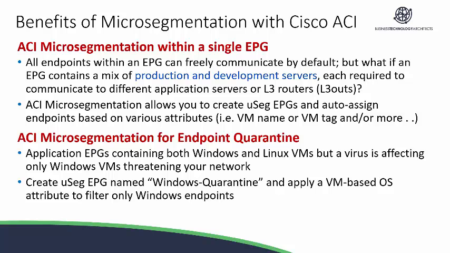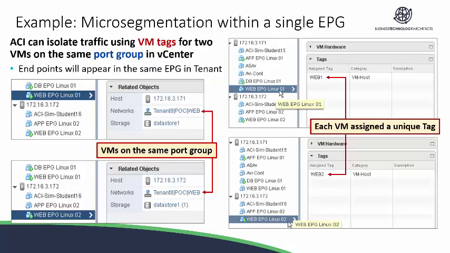But what if an EPG contains a mix of production and development servers, each required to communicate with different app servers or different layer 3 outs? Microsegmentation allows you to create microsegment EPGs and auto-assign endpoints based on various attributes. And you can also quarantine a virtual machine that possibly has malware.